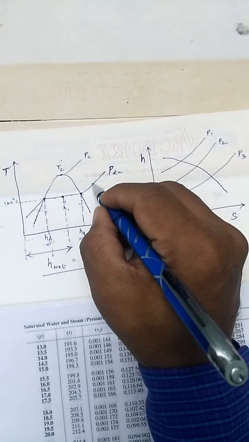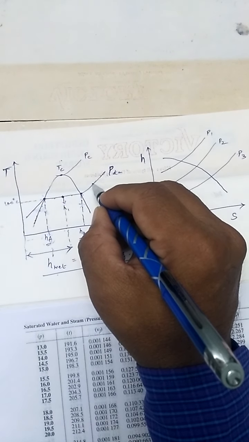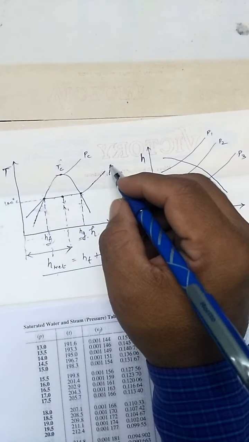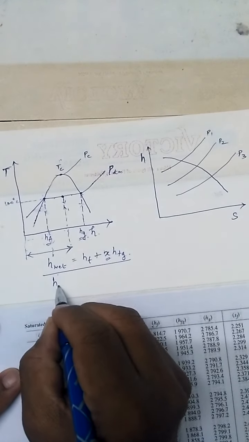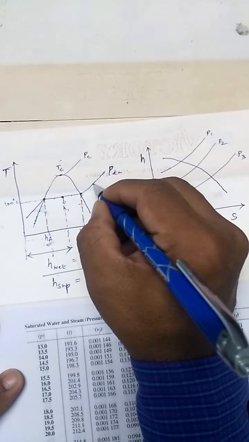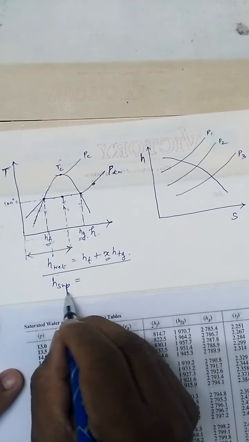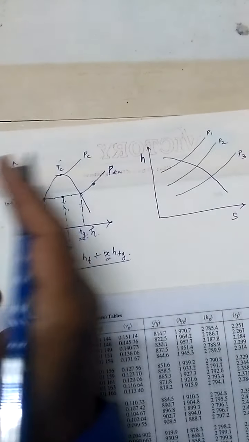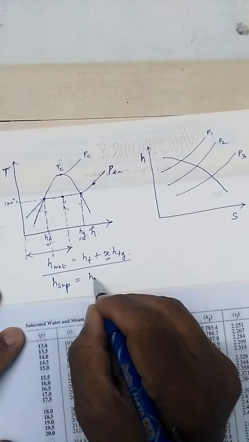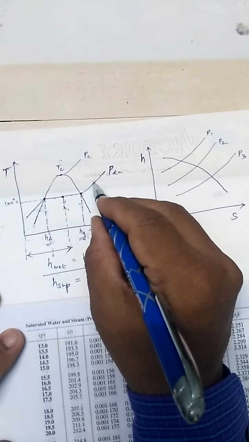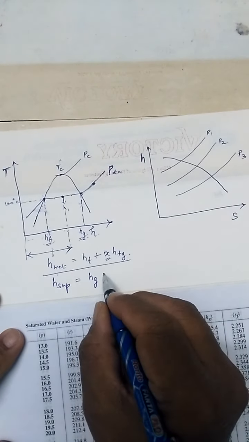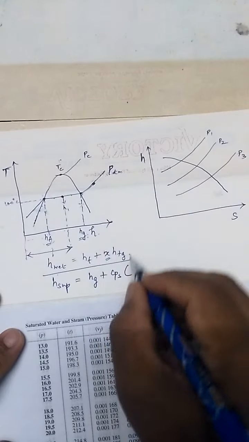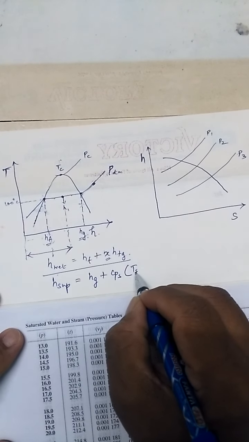Now if the point is here, maybe in the superheated region, what will be the superheated region value? If the h value is here, at this point you have to calculate h superheated. Up to this point we know the heat added, it is hg. So I should put hg. Then this increment will be the specific heat of steam, Cps, and the temperature. So what is the temperature of superheated steam?